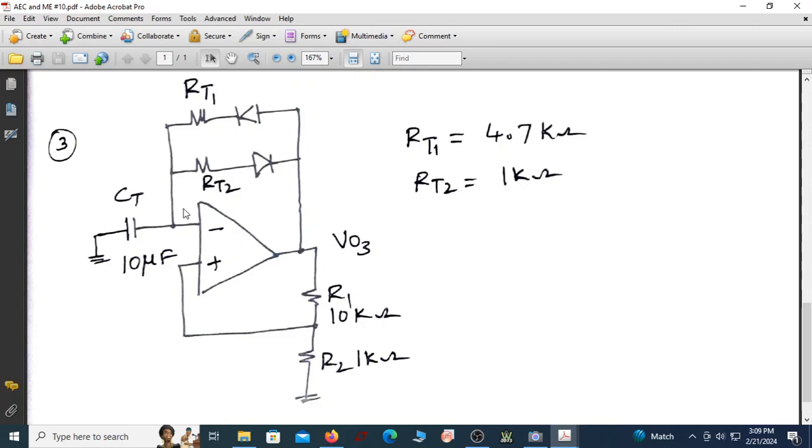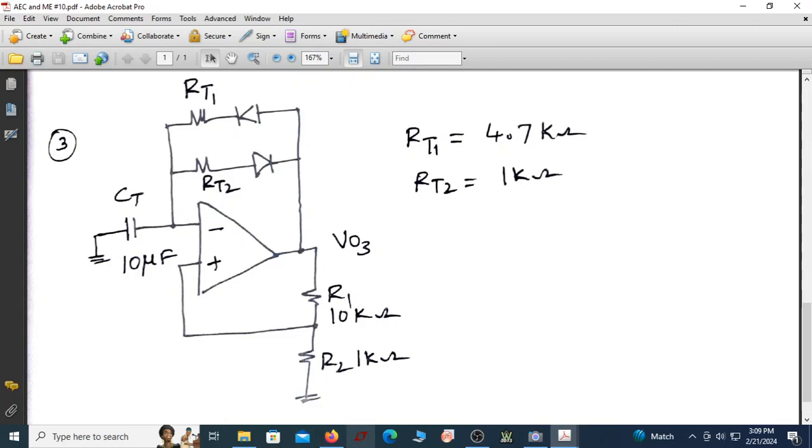Okay, let me just connect it this way. And there is one more RT, which is with a diode in the opposite direction. So this is D. Let me say it as RT2. This is CT. Okay, this is my V0.